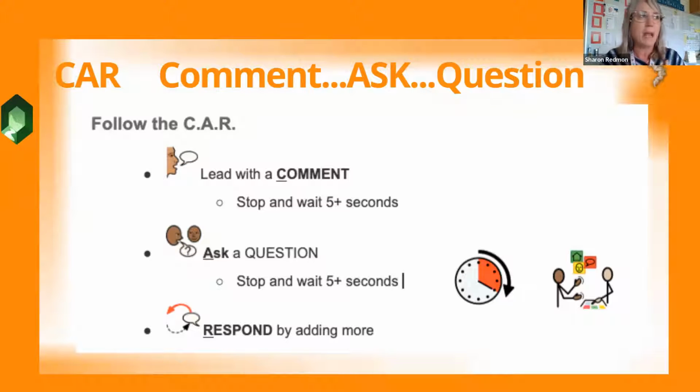Did I make a comment? Did I wait? Then did I ask a question? When no one participated, maybe I needed to respond and give some more. So that very 3-prong little quick thing for us is super important.